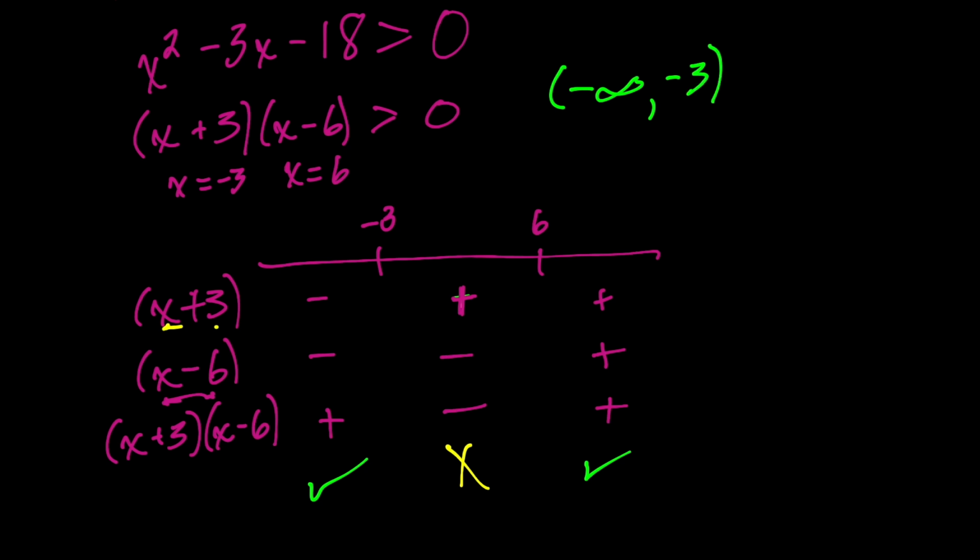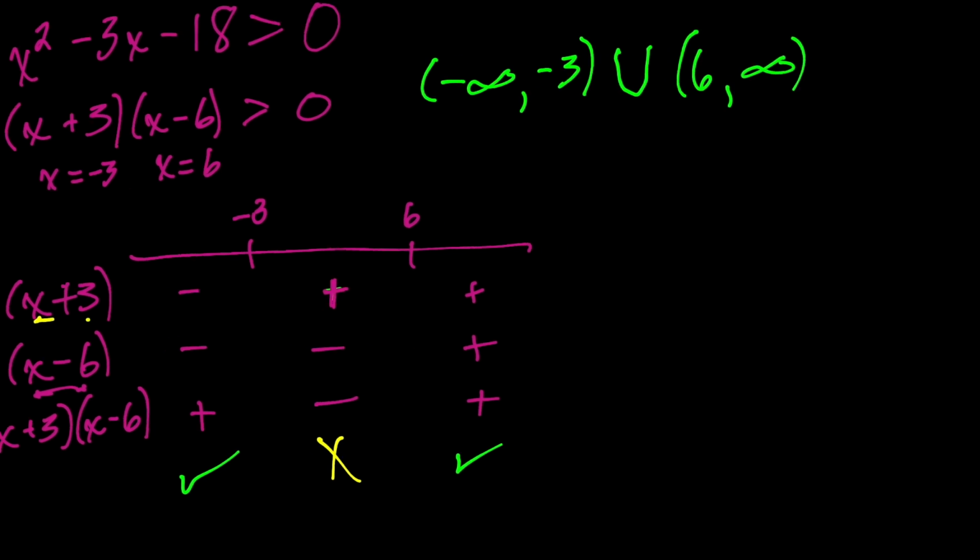So again, if this had been greater than or equal to, this would be a bracket, but it's not. And then we're going to combine that with, a lot of times you'll see it with this, union, everything out here from 6 to positive infinity. But it doesn't include 6, again, because no equal sign. So 6 to infinity. So that is interval notation.